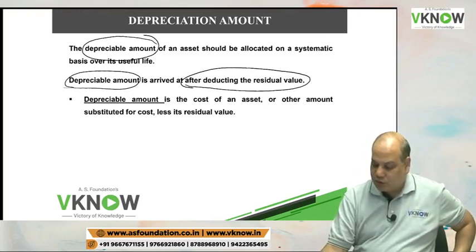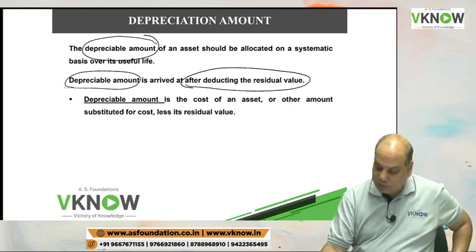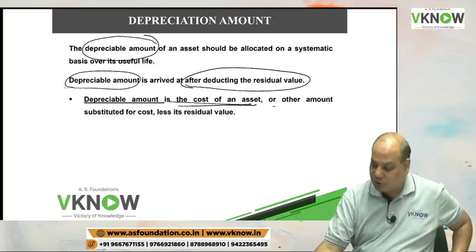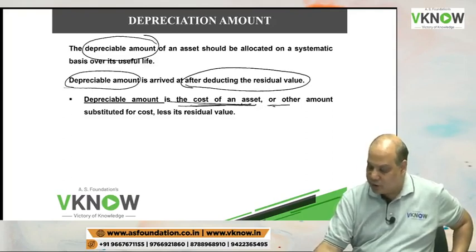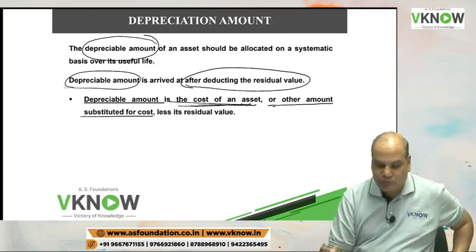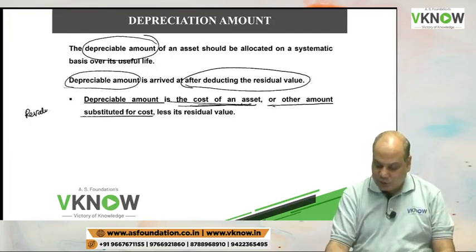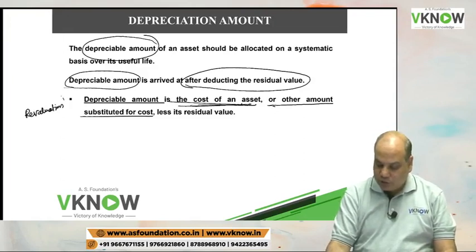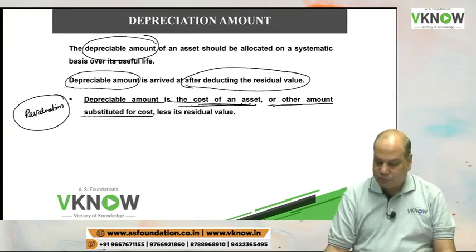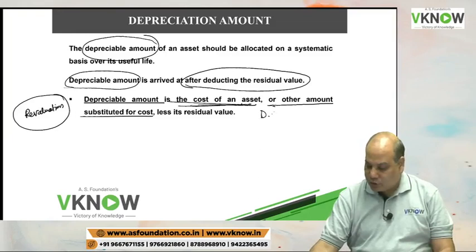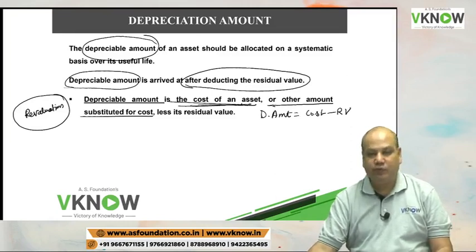Sometimes it may be cost, or sometimes any other amount substituted for cost. Like for example, in case of revaluation, we will take the revalued amount. So formula is depreciable amount equal to cost minus residual value.